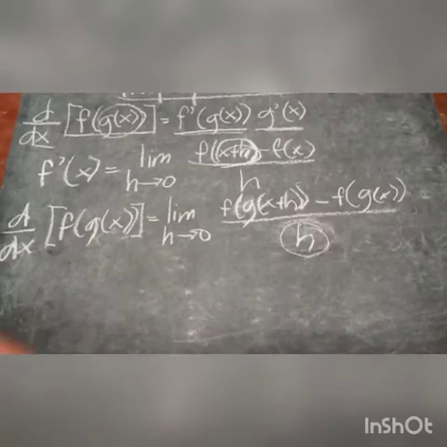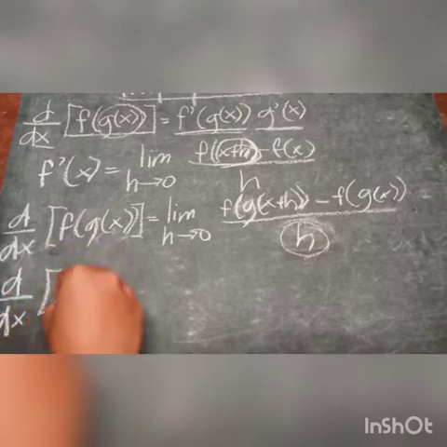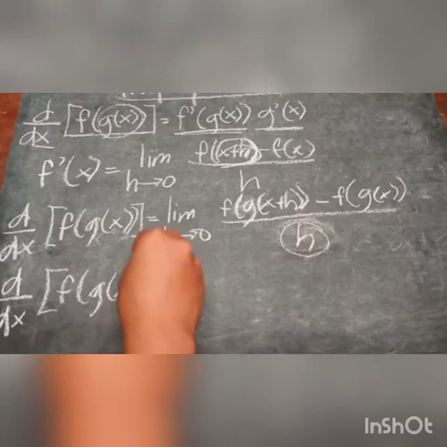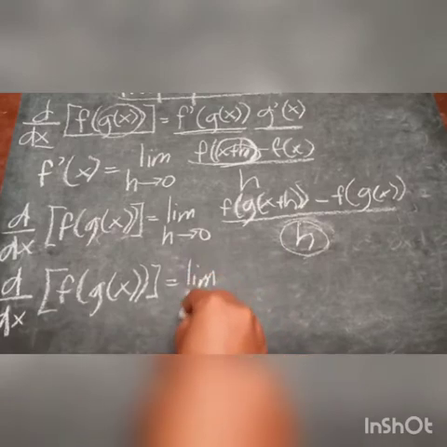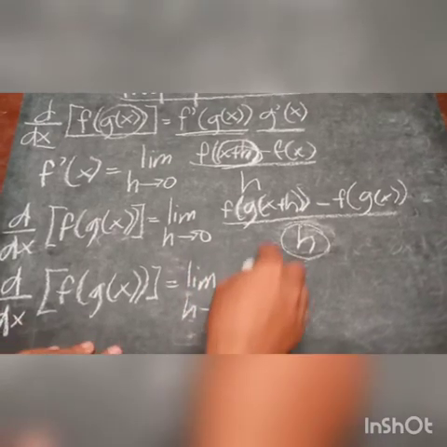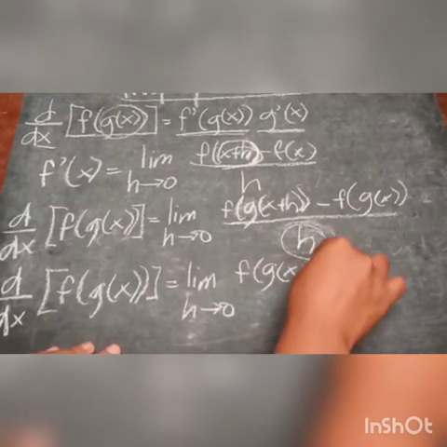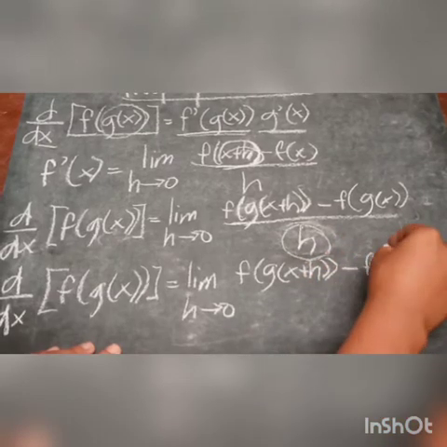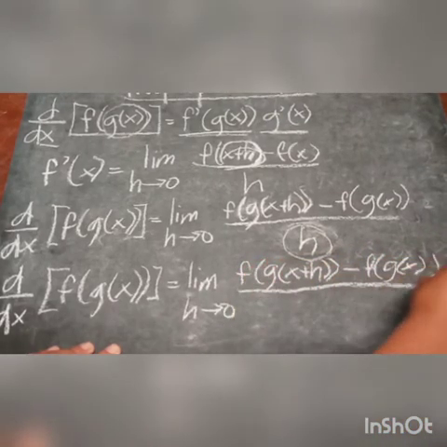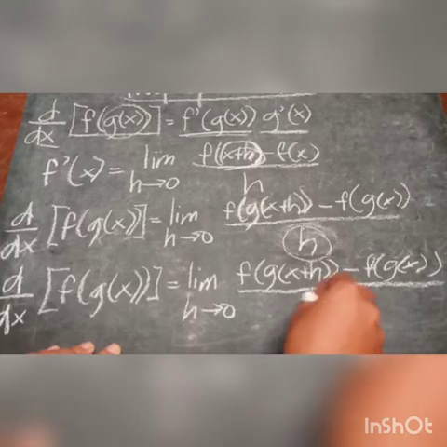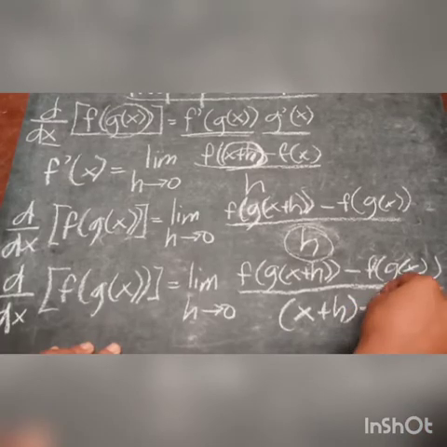So we have now the derivative of f of g of x is equal to the limit as h approaches 0 of this one, f of g of x plus h minus f of g of x, and let's replace h by the quantity x plus h minus x.